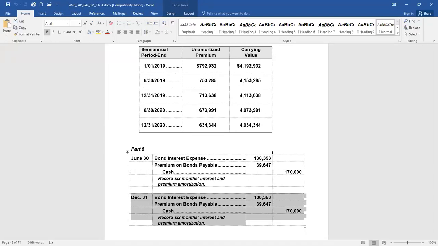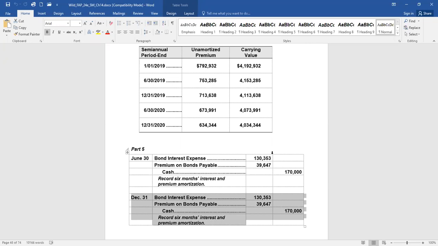Add the 713,638 to the face value of 3.4 million. Your new carrying value is 4,113,638. So when you sell a bond at a premium, the carrying value decreases over time from its original starting point, because the premium on bonds payable is decreasing, and premium is added to face value to get carrying value.